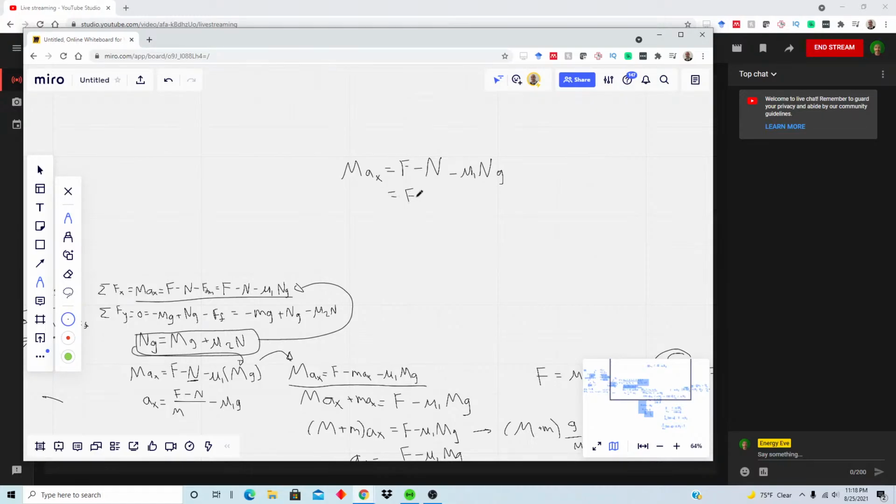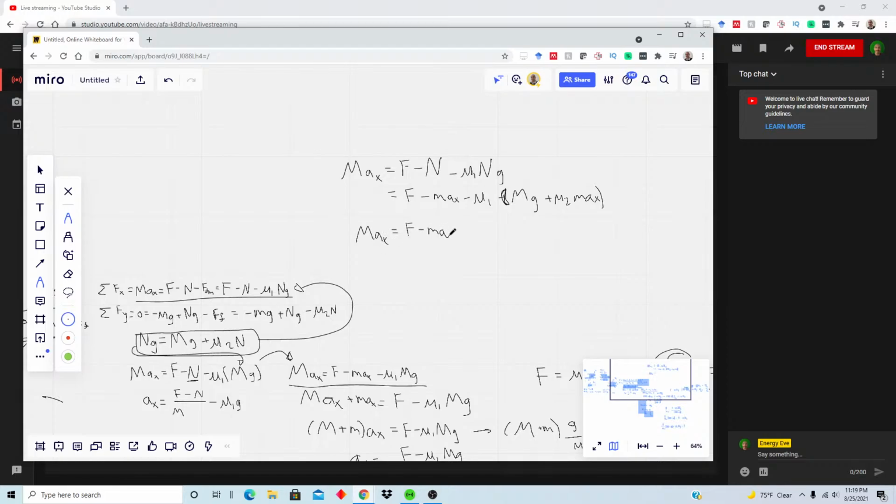So we have F minus m a_x minus mu1 Ng is equal to mg plus mu2 N, which we know is m a_x. And so let's just simplify all the terms first before we start moving things around.